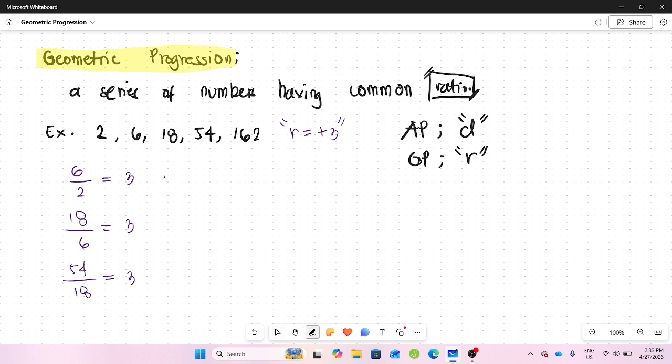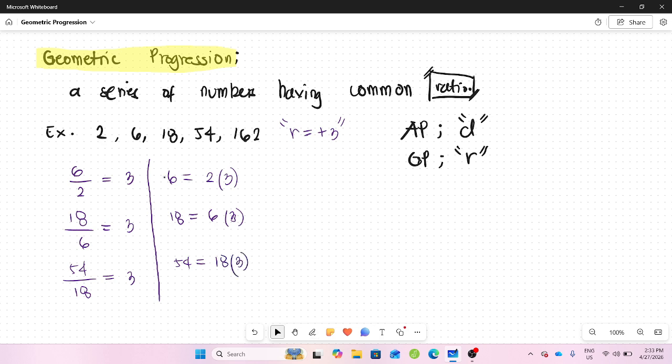So clearly, if we extend this example, you can see that 6 is actually equal to 2 times 3. Similar to this one, 18 can be found by the product of 6 times 3, while for this one, 54 is the product of 18 and 3.